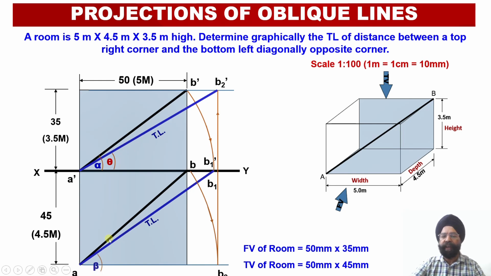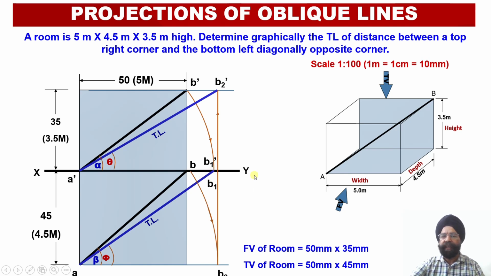Similarly, we will be evaluating the angles of inclination of the apparent length and the true length in the plan view. Angle beta is the angle of inclination of the apparent length of the line in the top view. So this angle beta we are going to measure over here. And finally, angle phi is the angle of inclination of the true length of the line in the top view.